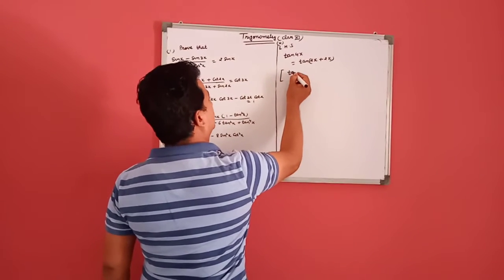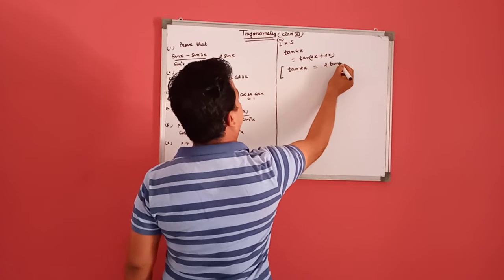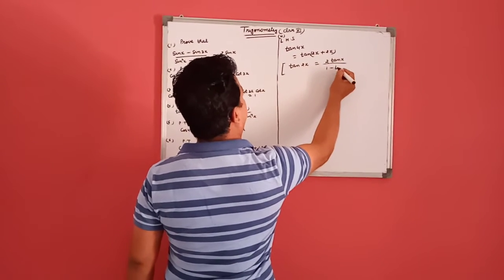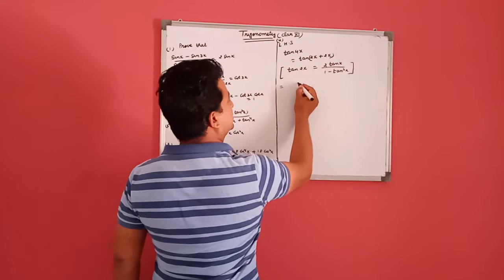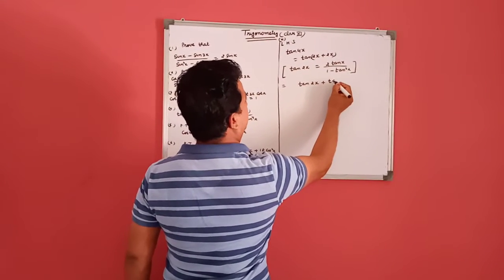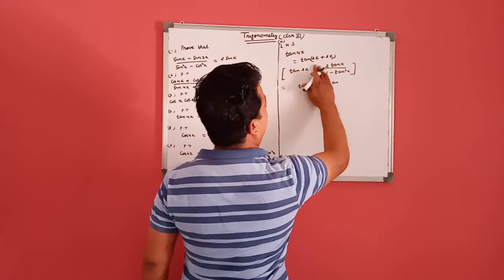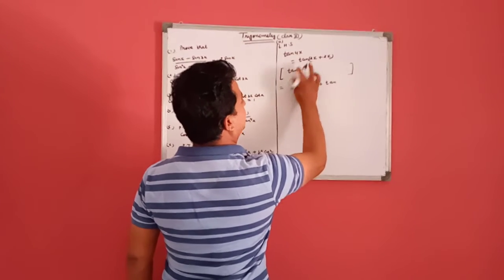As we know, tan 2x is equal to 2 tan x over 1 minus tan square x.